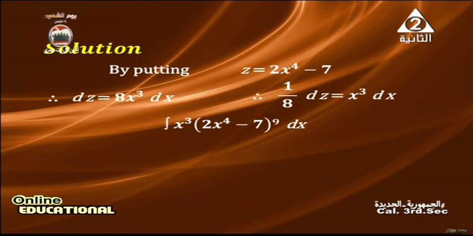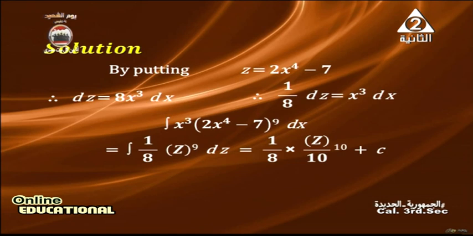By substitution, then integration between two brackets 2x power 4 minus 7 all power 9, we putting the expression 2x power 4 minus 7 equals z, then between two brackets z to the power 9, and we can replace x to the power 3 dx by 1 over 8 dz. Then now we have a new function 1 over 8 z to the power 9 dz.